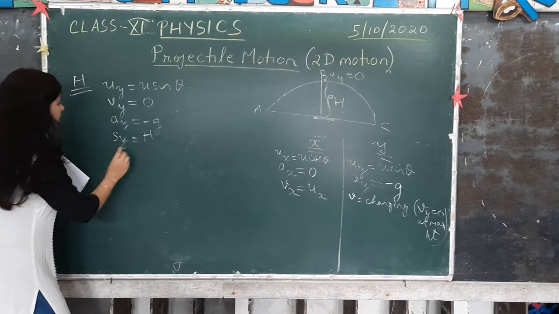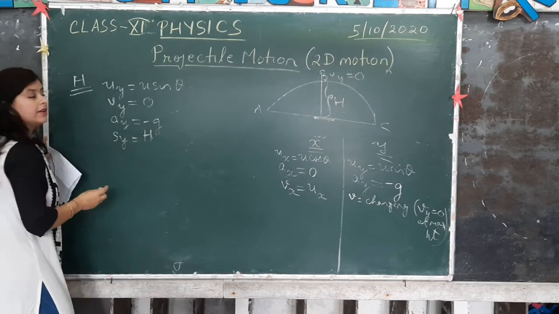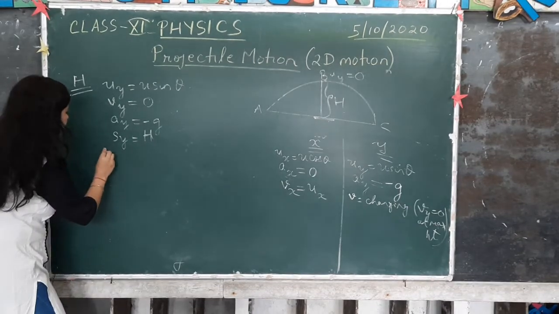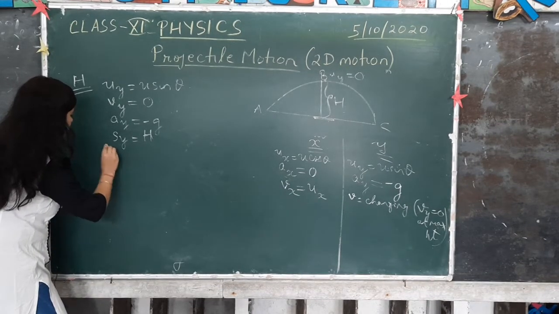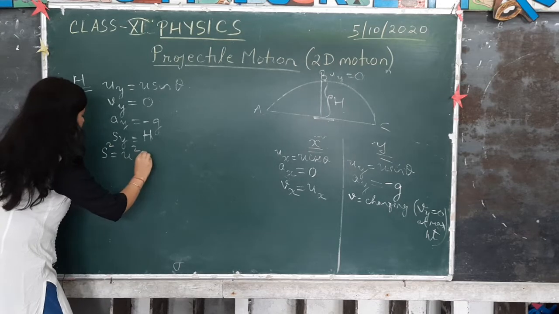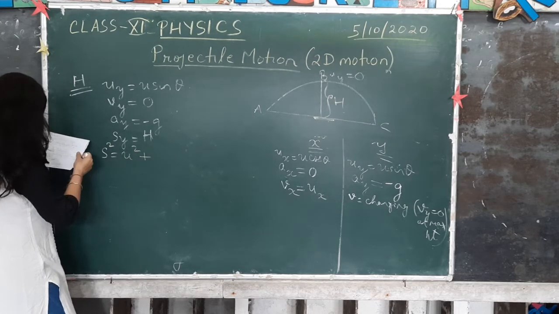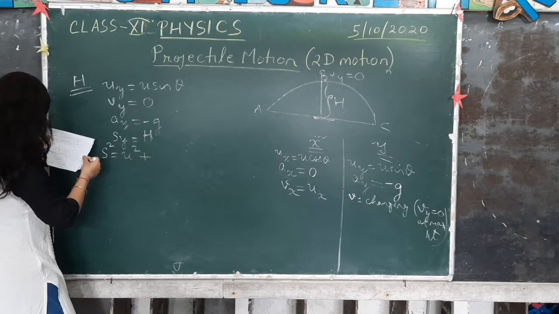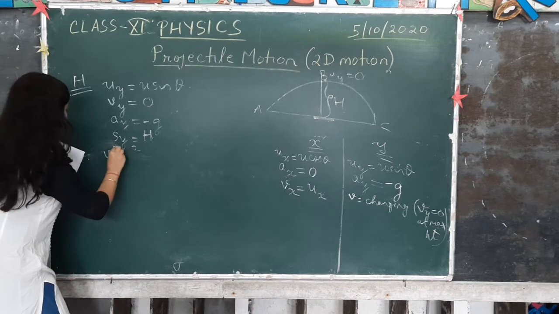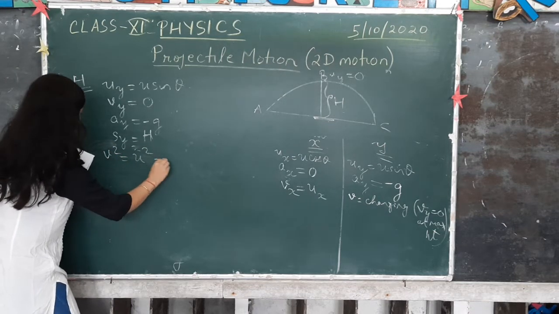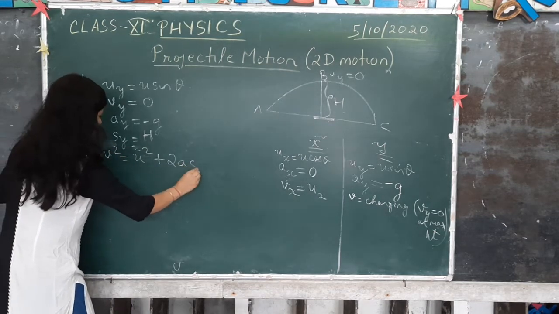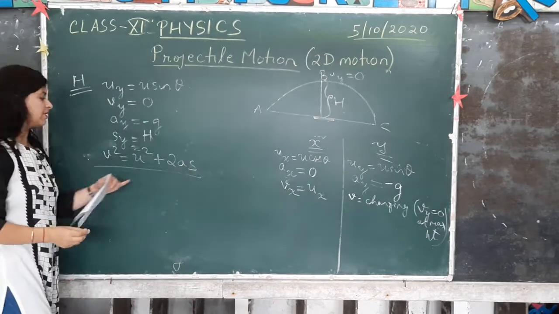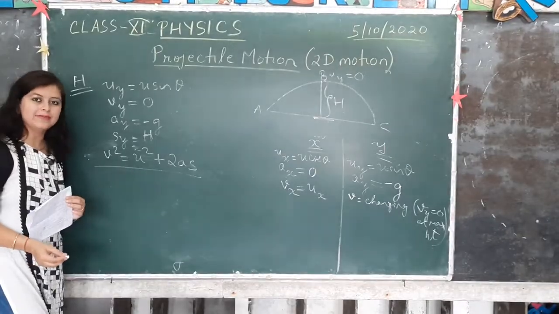So let's apply the equation which does not involve any time. So we will apply, sorry, not s square, v square is equal to u square plus 2as. This is the equation that we are going to use, because it does not contain any time term.